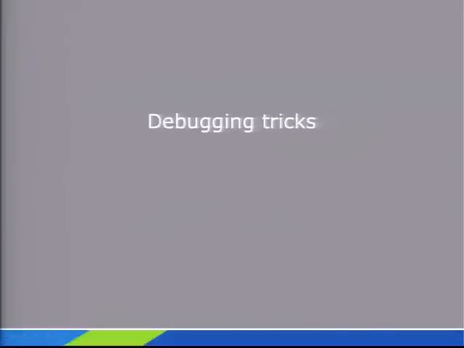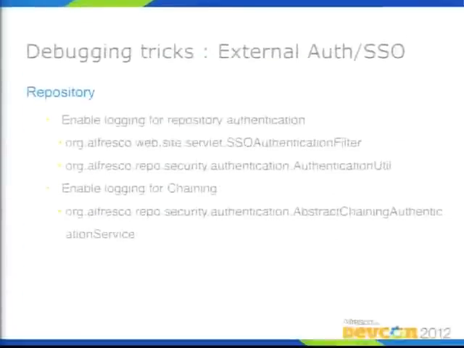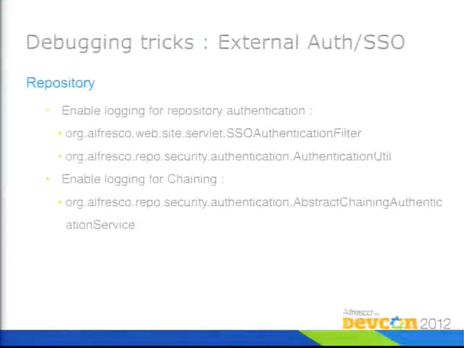So now I will finally share with you some debugging tricks when you want to define your own authentication subsystem, or you configured the existing subsystems and you have any problem with that and you want to understand what's going on. On the repository side, you can enable logging for the SSO authentication filter, which is a generic filter I was talking about that gets the username from the outside, from the requests.